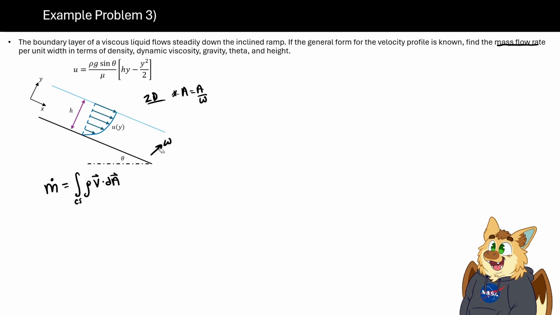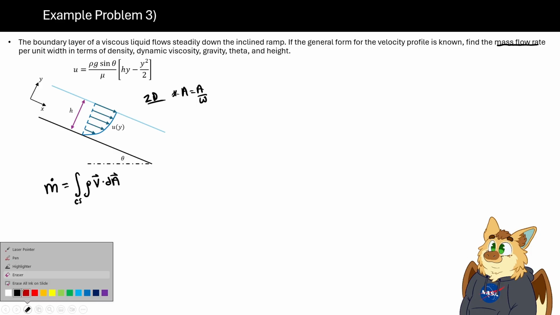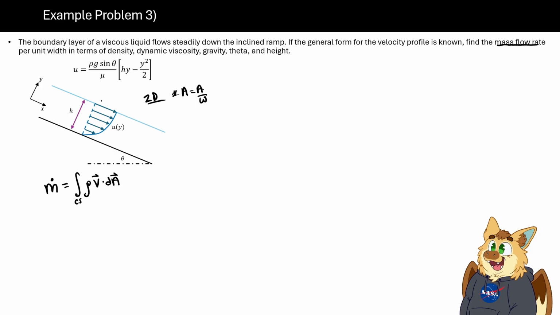That's all I'm saying here. Let me erase this little one here because that could be a little confusing. So once again, we have a velocity that varies in the y direction, assuming this is our tilted coordinate system that is positive. So we have to take our velocity and plug it in directly to our velocity vector here. Additionally, we have our area here, dA, and dA will be equal to the normal vector times the scalar area differential.